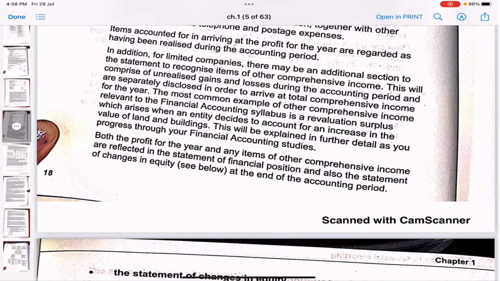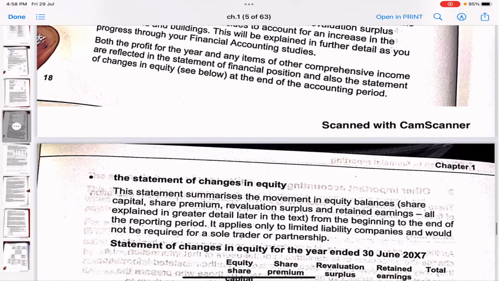But that is not your basic operation. That is something which is a comprehensive income, an other income, right? Both the profit for the year and any items of other comprehensive income are reflected in the statement of financial position and also the statement of changes in equity at the end of the accounting period.